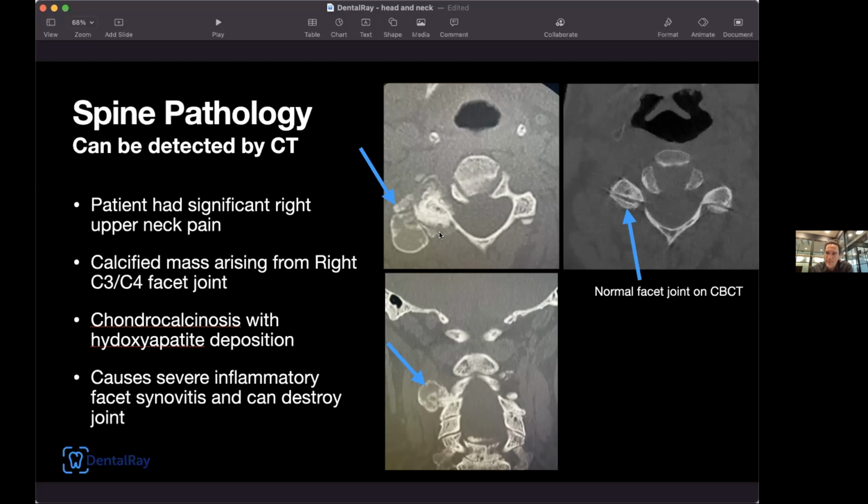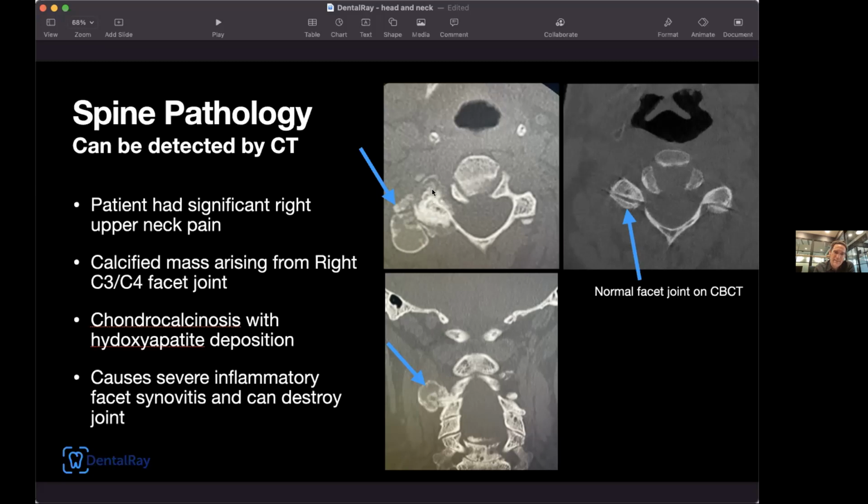And I hope that we have some dentists on the call. You guys would know much better than I do, but I believe hydroxyapatite is also one of the main components of dental enamel. So you can think of hydroxyapatite crystal deposition like little tiny microcrystals or tooth enamel, basically, in your neck joint.